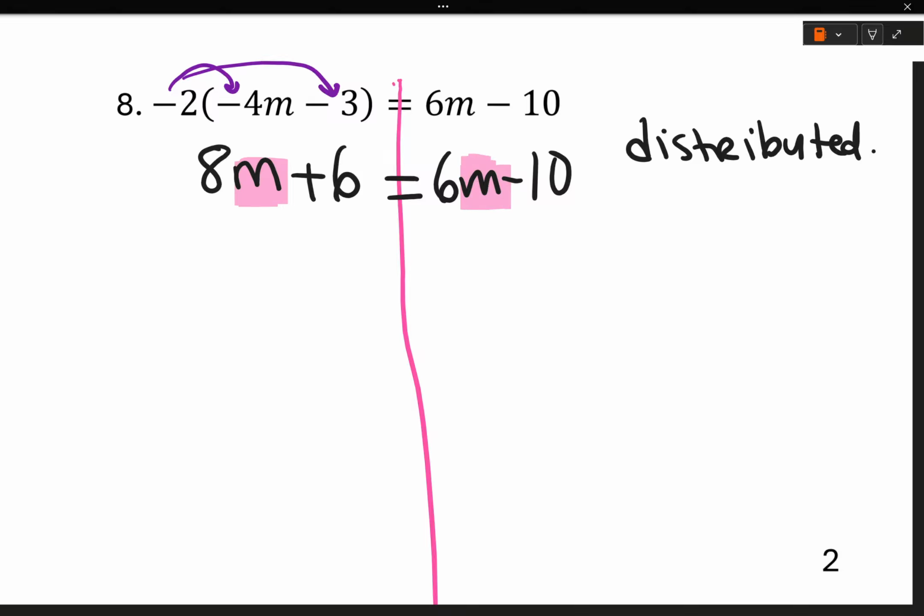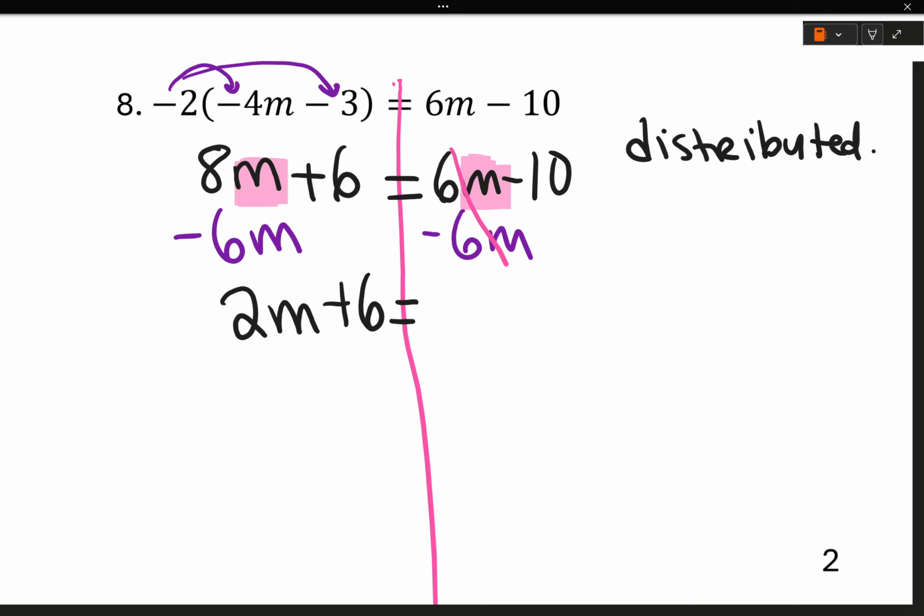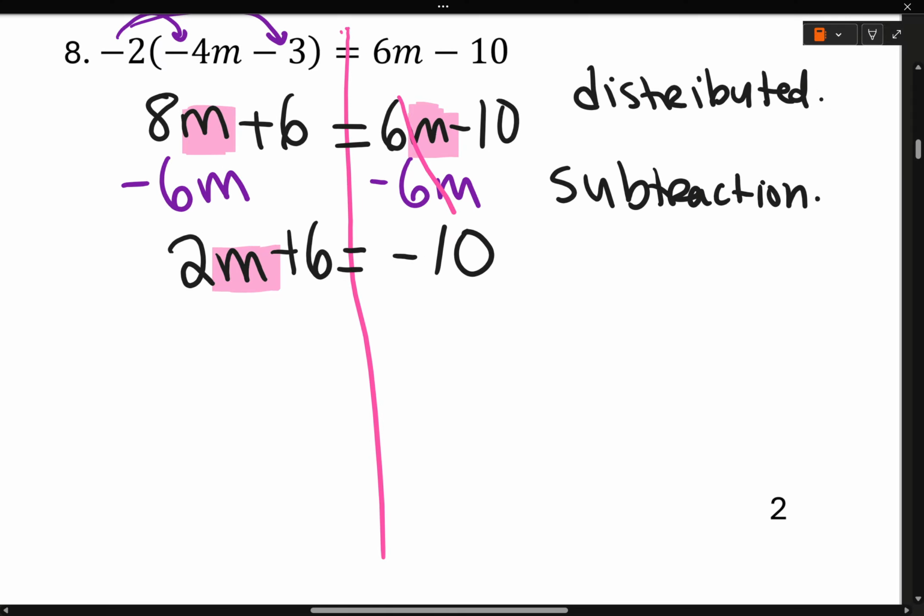Let's bring our m's to the left just to stay consistent. And we're going to do that by subtracting 6m from both sides. On the left, 8m minus 6m is 2m. The plus 6 comes down. 6m minus 6m is 0, so that cancels, and we're left with -10. What do you think we should do next?